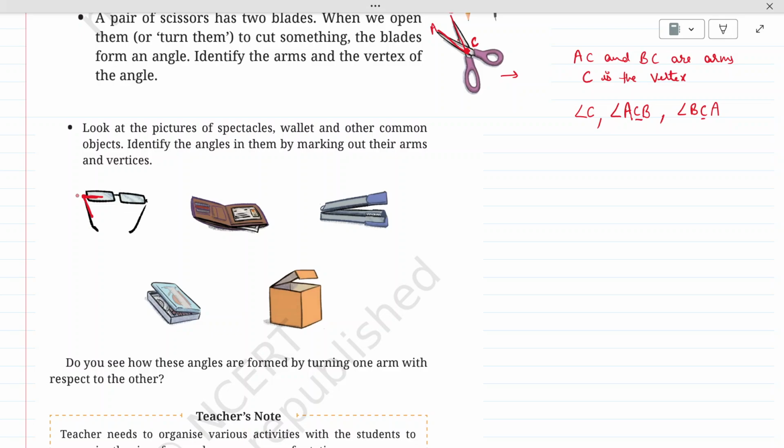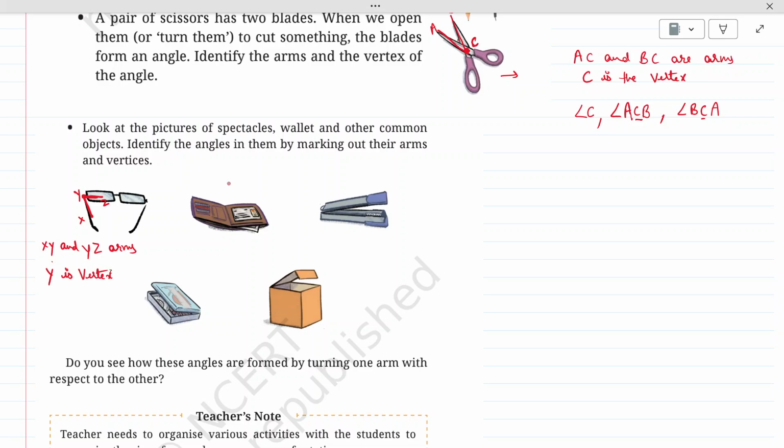I am marking it as X, Y, Z. So in spectacles, XY and YZ are arms. And Y is the vertex. Sorry, I should write only Y, not angle. Y is vertex.